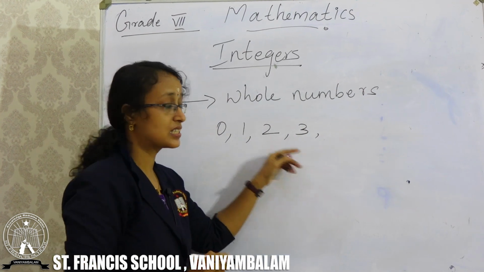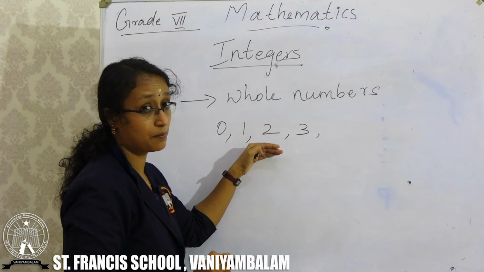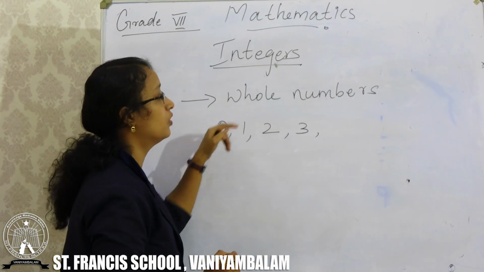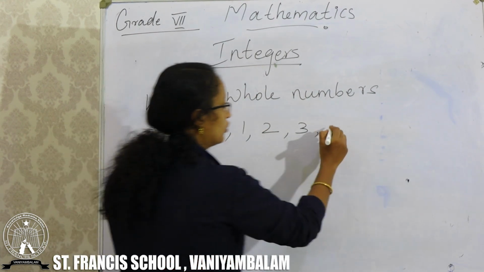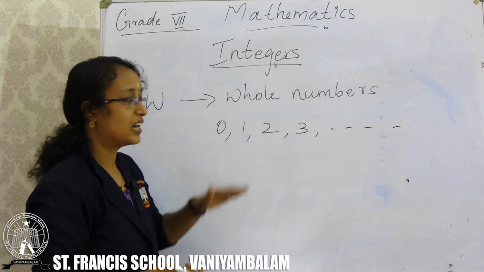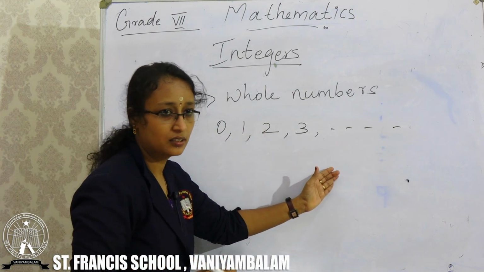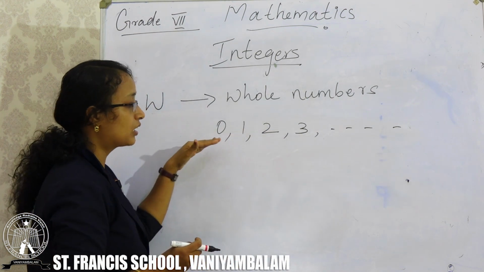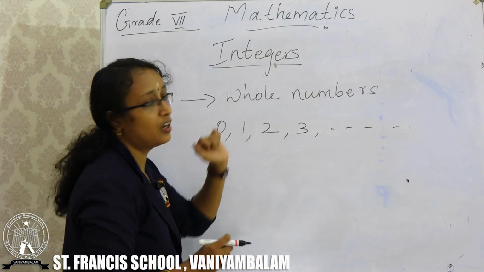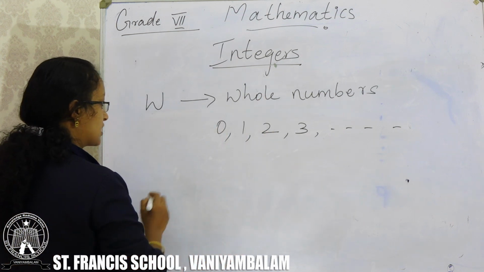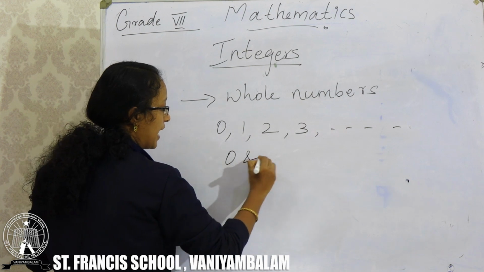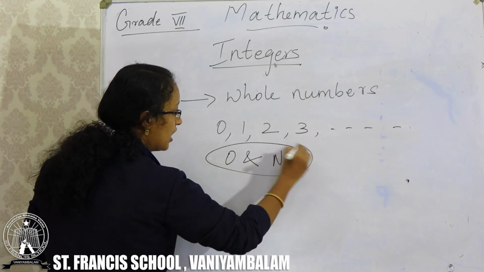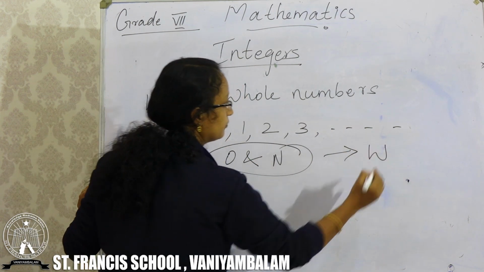The numbers that start from natural numbers including 0 are your whole numbers. It goes on, right? Natural numbers start from 1. Natural numbers including 0 are your whole numbers.